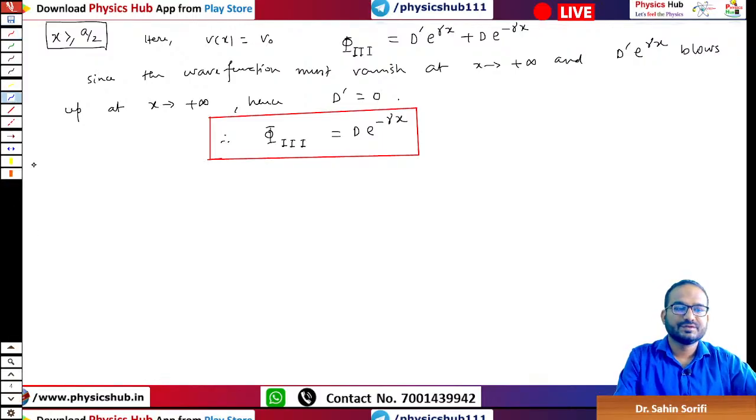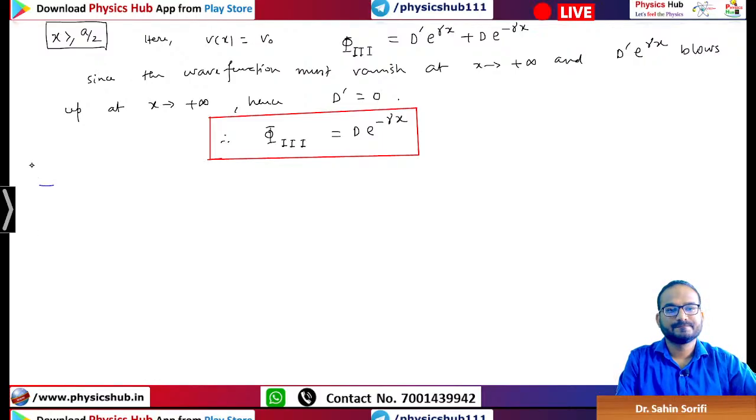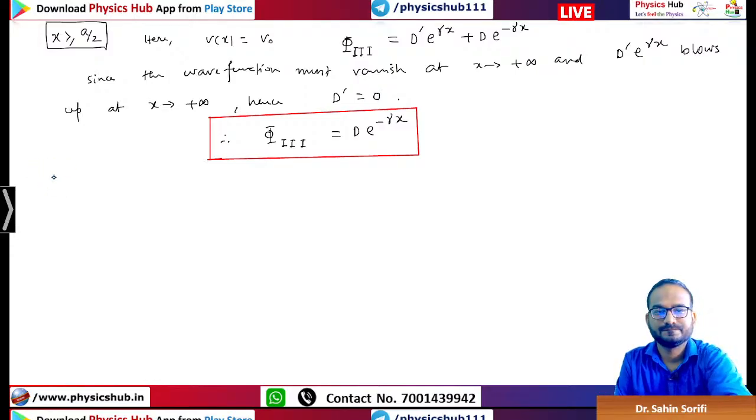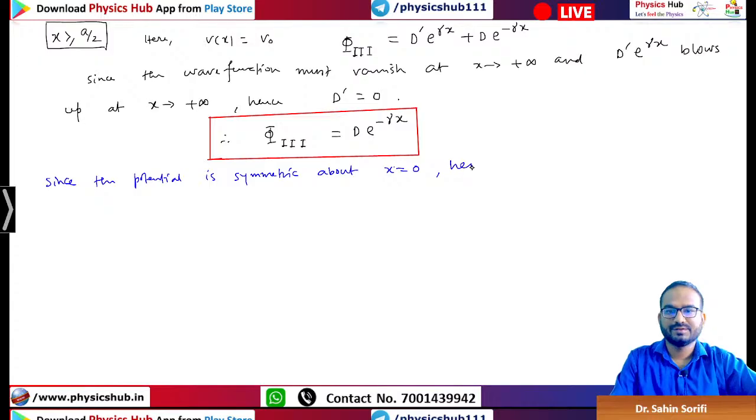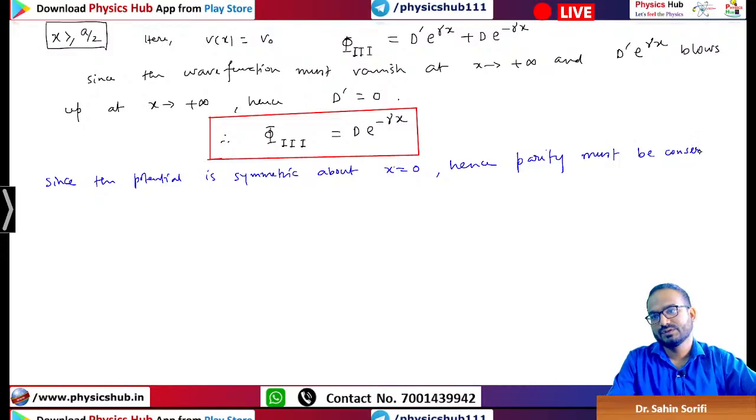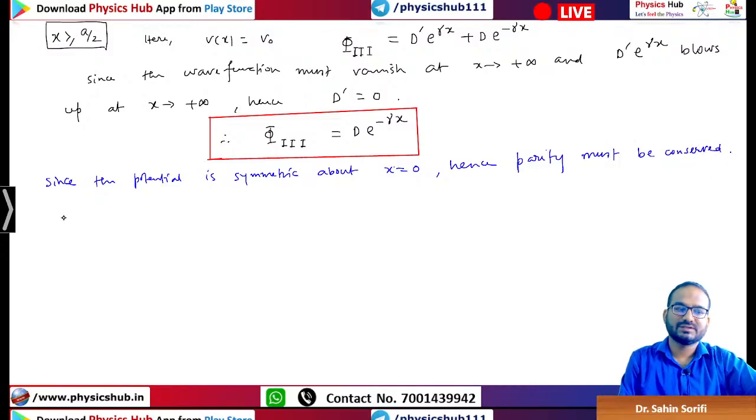So you see, since the potential is symmetric about x equals 0, hence parity must be conserved, and that is why we'll deal with different parities.